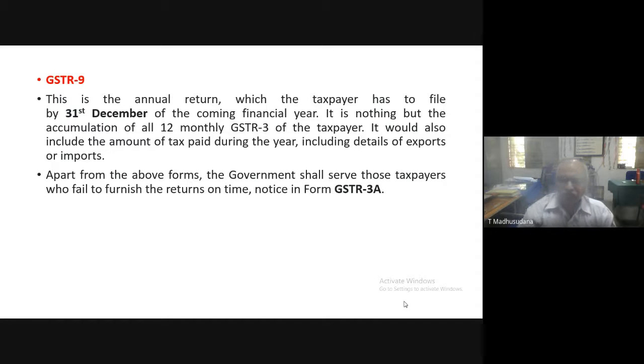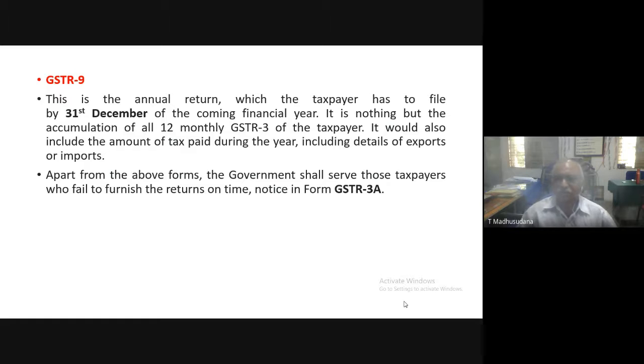So apart from the above forms, that means GSTR 1, GSTR 1A, GSTR 2, GSTR 2A, GSTR 3, apart from GSTR 9, the government should serve those taxpayers who fail to furnish the returns on time a notice in form GSTR 3A.